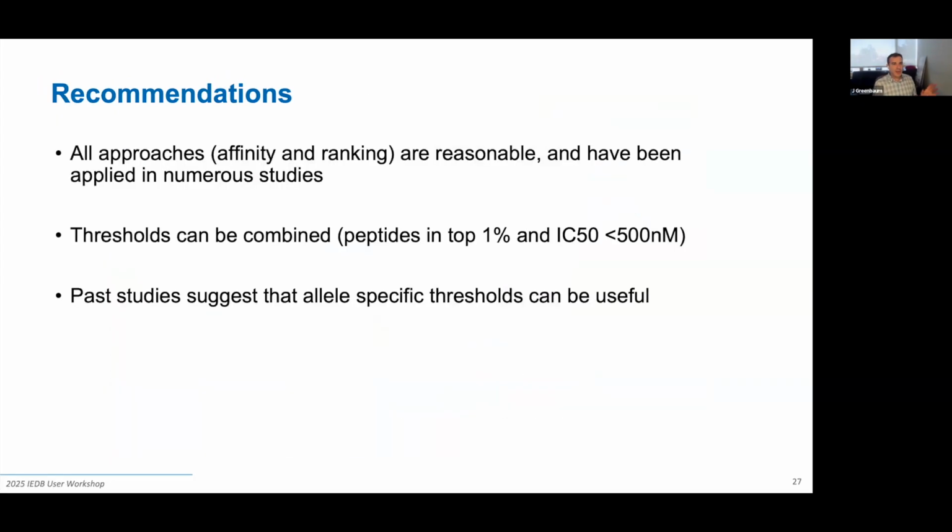So all of the approaches are reasonable and have been applied in numerous studies. You can even combine the thresholds. For instance, take the peptides that are in the top 1% and that are also below 500 nanomolar. And past studies suggest that allele-specific thresholds may be useful as well.